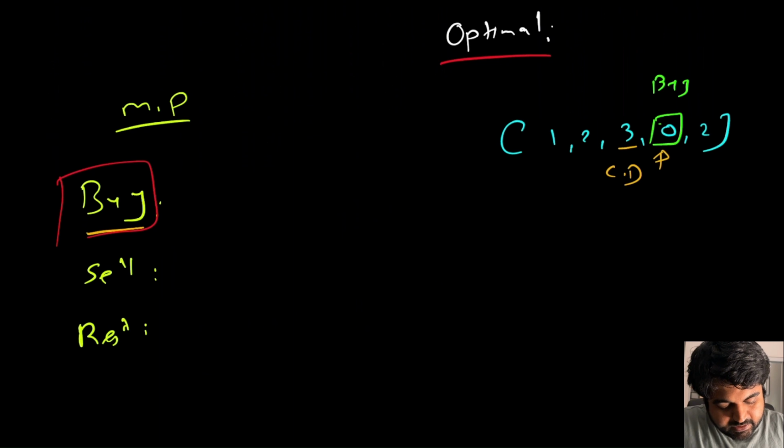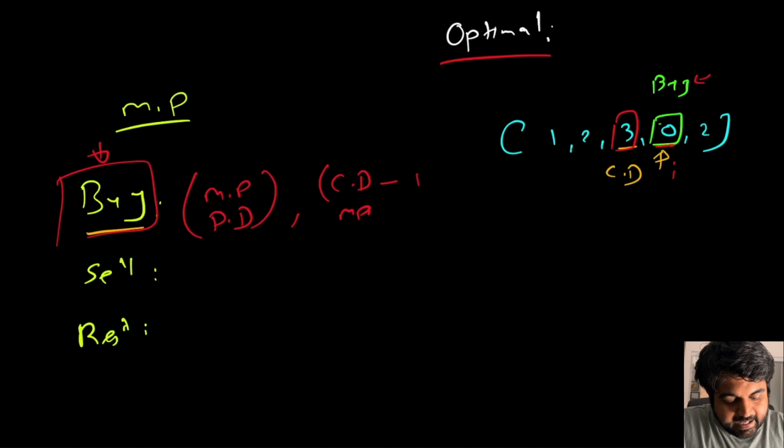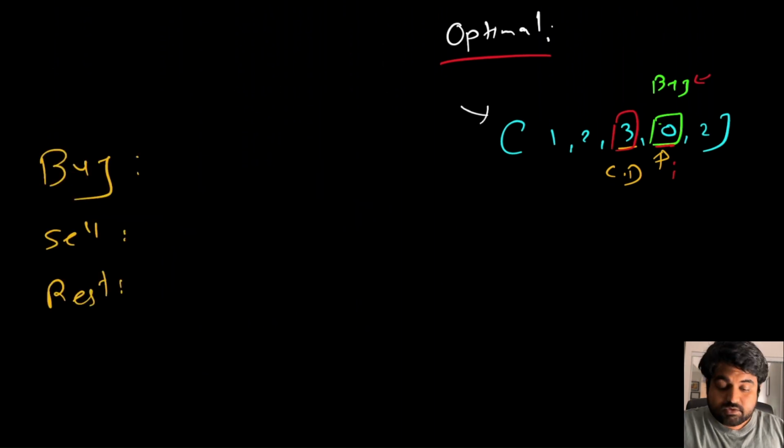Number one value is the maximum profit we were achieving on the previous day for this buy operation, and compare it with what if we did a cool down yesterday and now we are trying to buy. So the cool down maximum profit for the previous day minus the current ith value, so the price on this particular day. Now let's try to generate the mathematical equation for any particular value of buy.